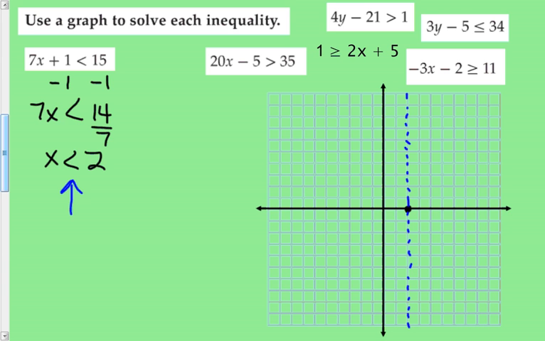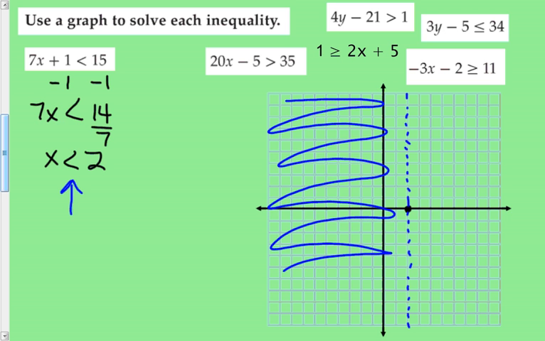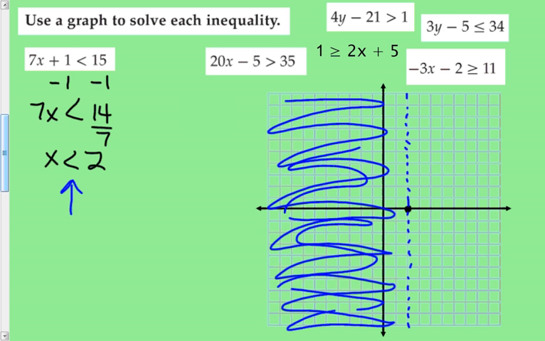Then it says less than, so we are going to shade the left side of positive 2. Because here are all the solutions to this inequality. It can be any point on this side. Any point you want to use would make this inequality true. And you can test it by using 0, 0 to find out.